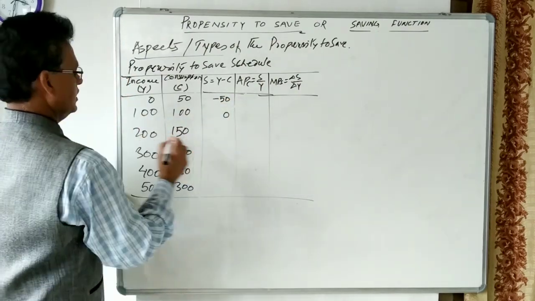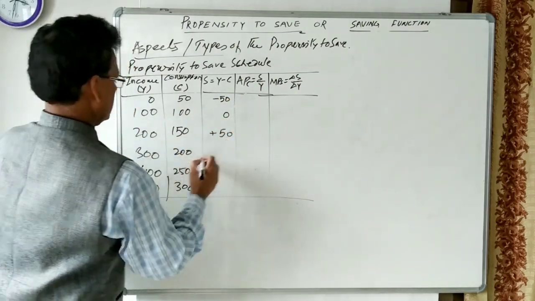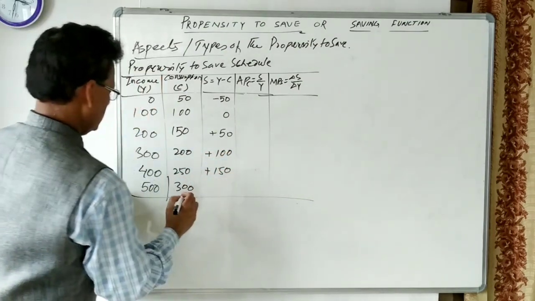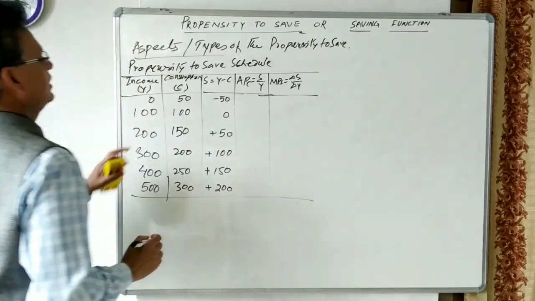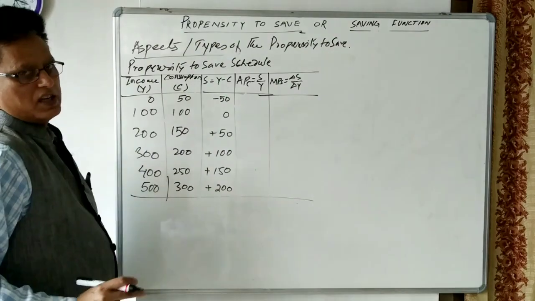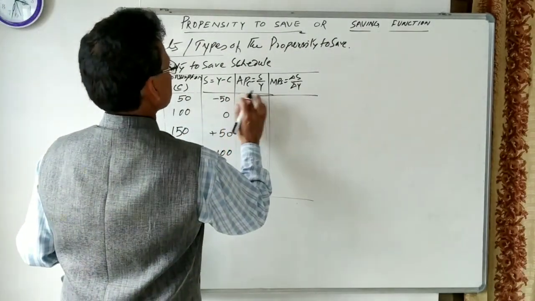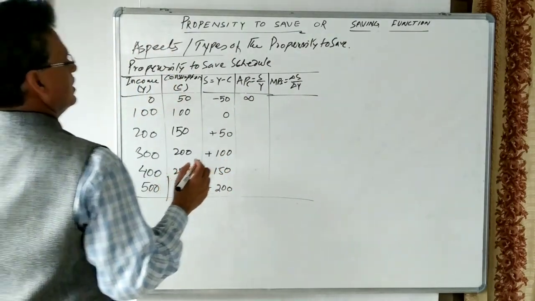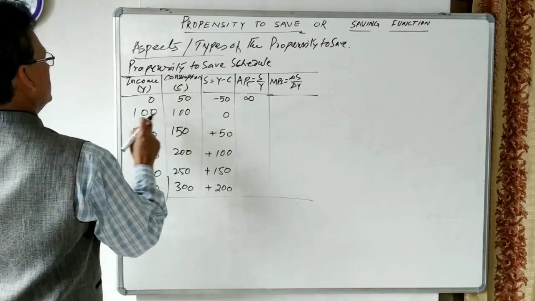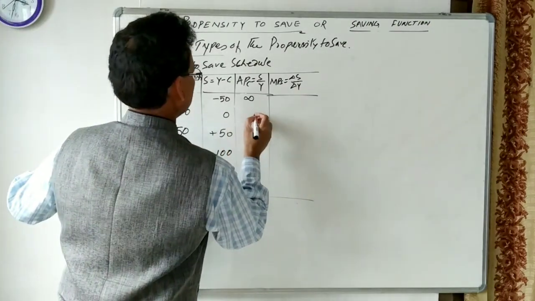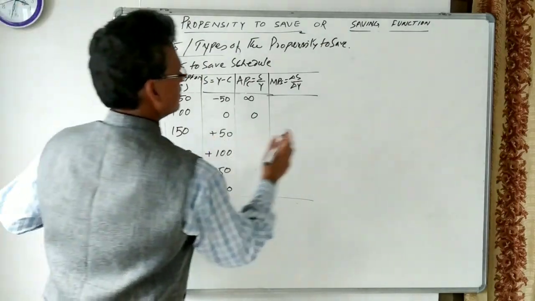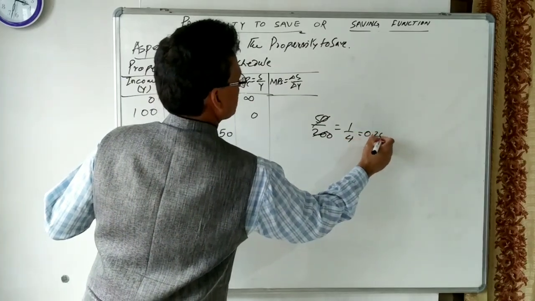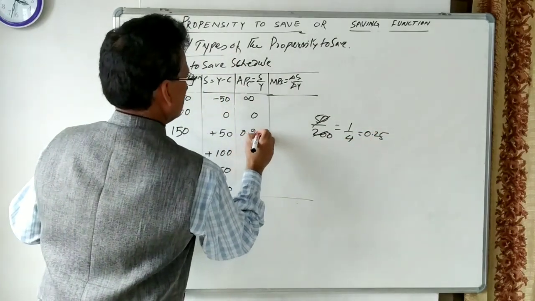Here it is undefined, infinity. Here 0 divided by 100 is 0. Here 50 divided by 200 is 1 upon 4, which is 0.25.